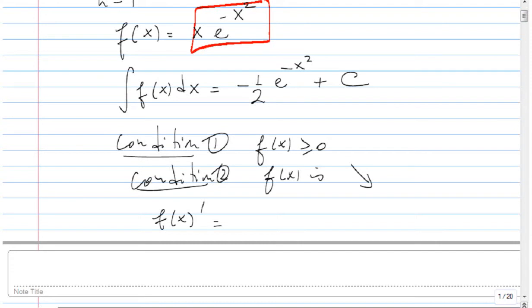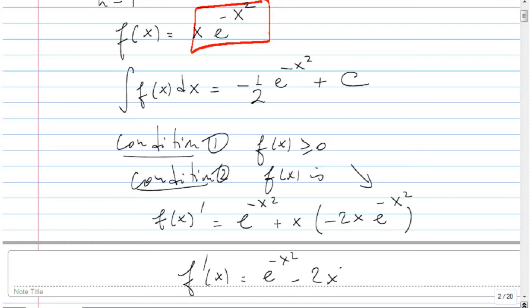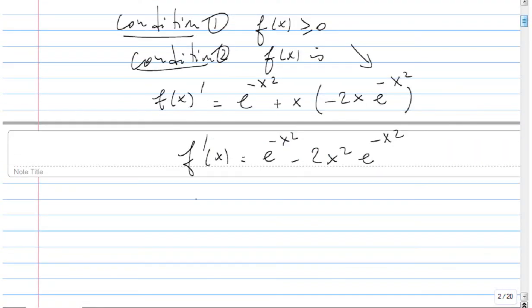This gives us e^(-x²) times the derivative of x, plus x times the derivative of e^(-x²), and the chain rule tells us this is -2x e^(-x²). So f'(x) = e^(-x²) - 2x² e^(-x²), and if I factor out e^(-x²), I get (1 - 2x²) times e^(-x²).